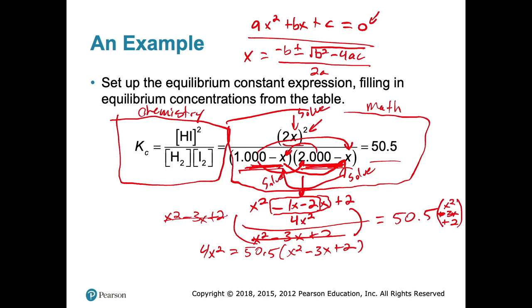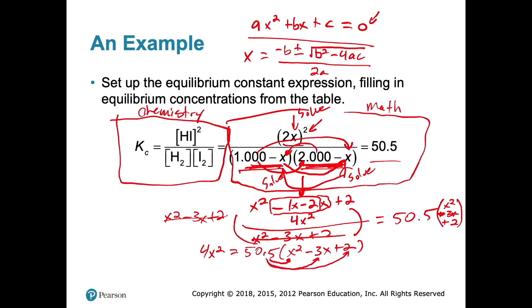Well, the next step in this is to multiply out the 50.5 to the quadratic formula, not quadratic formula, the binomial equation, right? So you got to multiply 50.5 times this, 50.5 times this, and 50.5 times this, right?